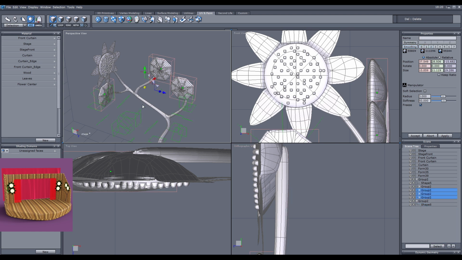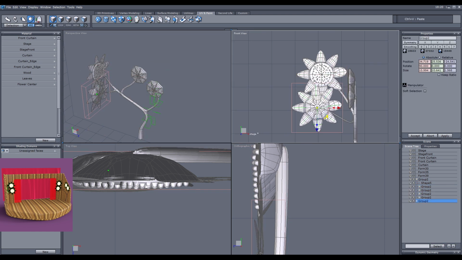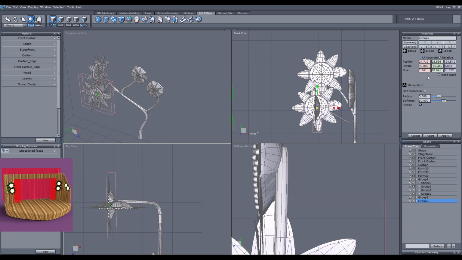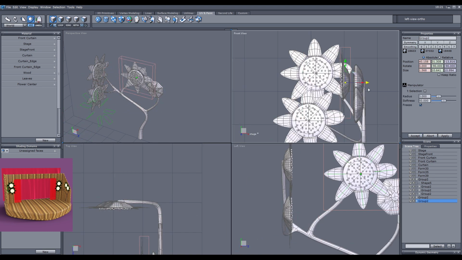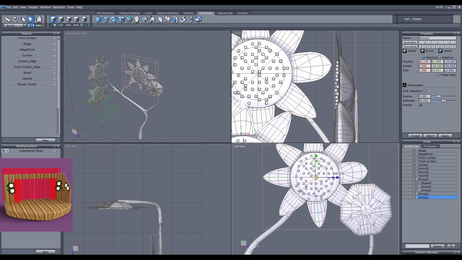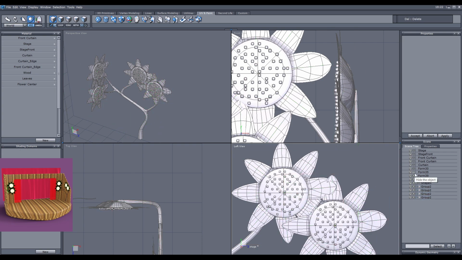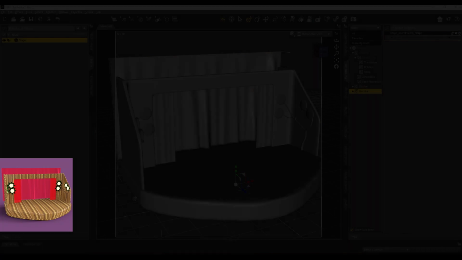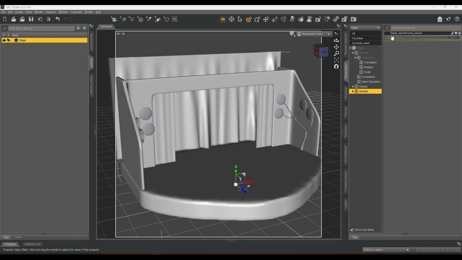And since the number of faces, the number of vertices didn't change in between, this works. If you copy paste or cut away stuff, you have to be really careful that the number of parts don't change.